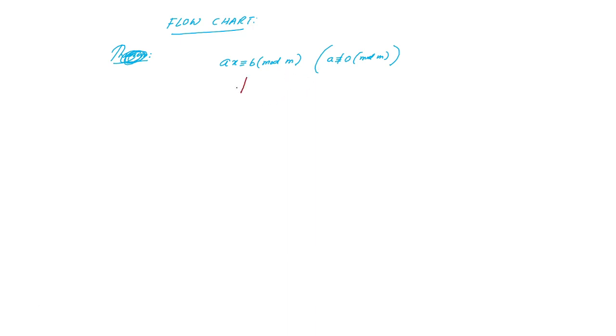So first you will calculate the GCD of A and M. There will be cases. The GCD of A and M may be 1.